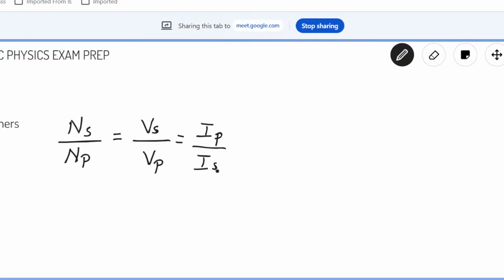So we talk about number of loops or number of turns, the amount of times we have that happening. That's what n represents here. So n is the number of turns of the coil. Then we know V is voltage, and I is current. So yes, there's a relationship between the three of these.